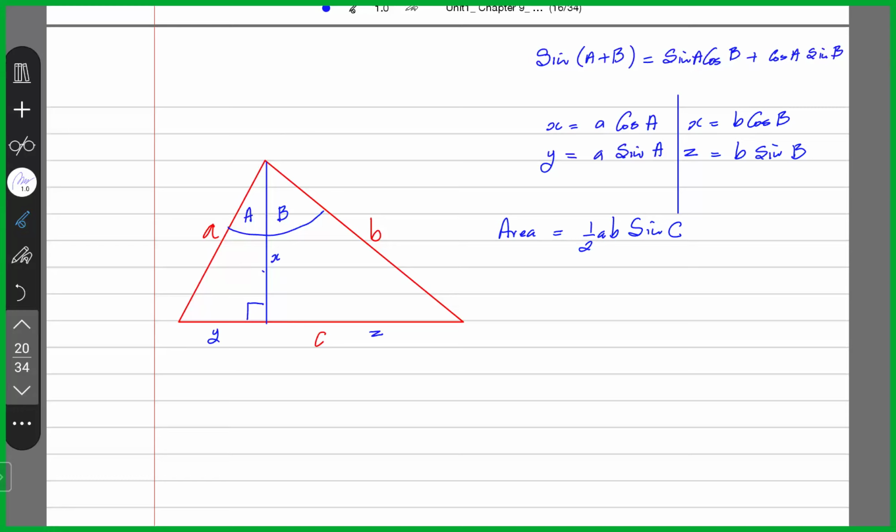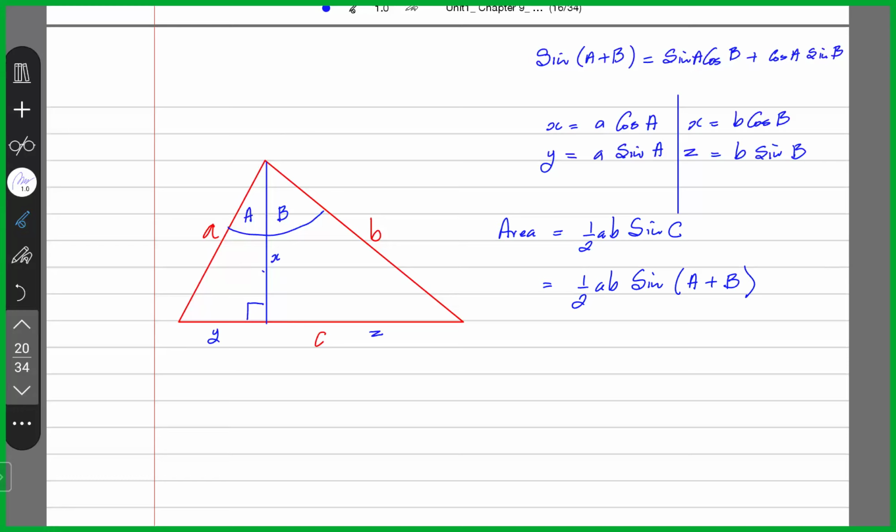In this diagram, the inclusive angle is A plus B, and the two sides are A and B. So the area here is a half AB sine of A plus B.